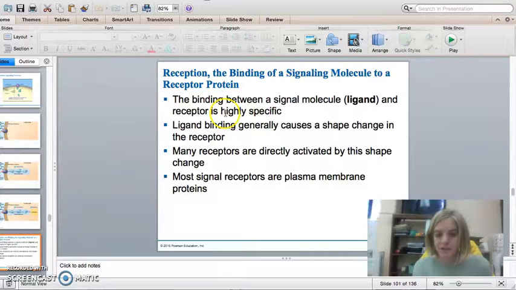And like I said, this is very specific, like a lock and key between the signal molecule and the receptor, and that changes the shape of the receptor. Once the ligand binding occurs, the receptor changes shape, and that usually signals the activation of the receptor. So this is another example of allosteric regulation, where the shape of a molecule affects its function.